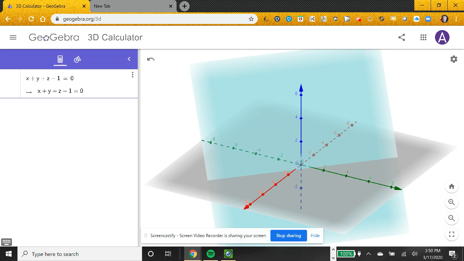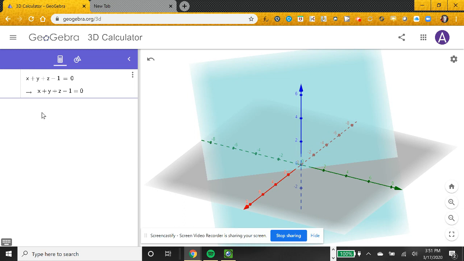Well, that's because when z equals 0, if you in your mind cover up z here, I'm going to cover it up with the mouse, you get x plus y minus 1 equals 0, which is y equals negative x plus 1, which is the line that you see on the gray part here, this line right here, which is pretty cool.